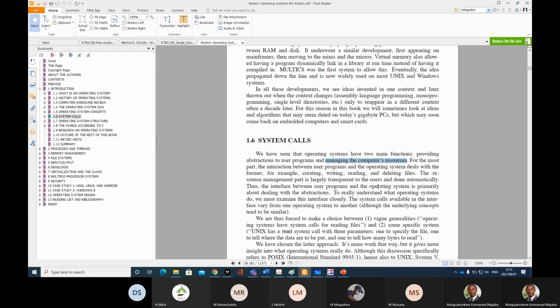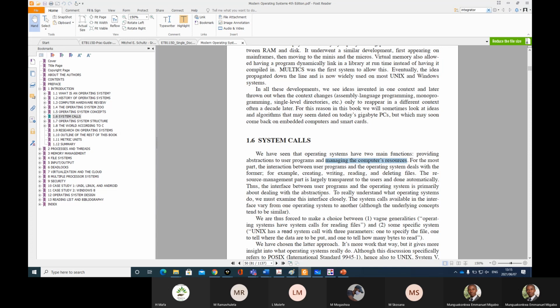So the interface between user programs and the operating system is primarily about dealing with the abstractions. Exactly. So most of the time, from the user's point of view, through a program or through end user computing, meaning using the computer, typing on the keyboard or the mouse, we need the interface of the operating system so that it can serve as a way to deal with the abstraction. That's one of the major differences between operating systems.